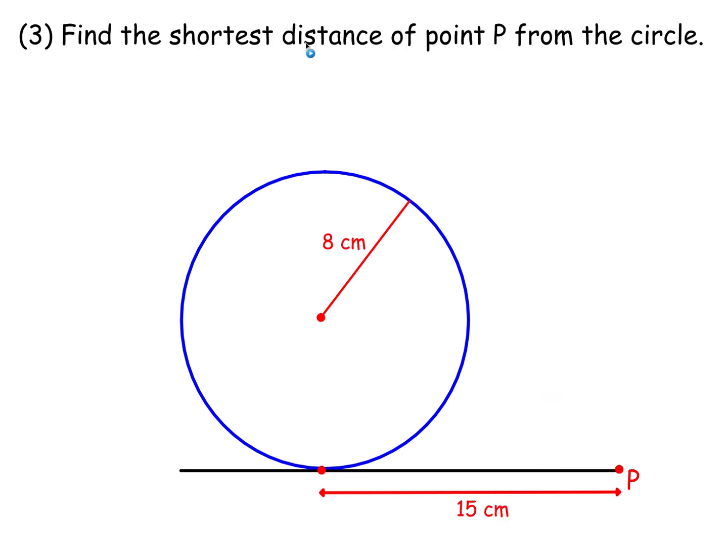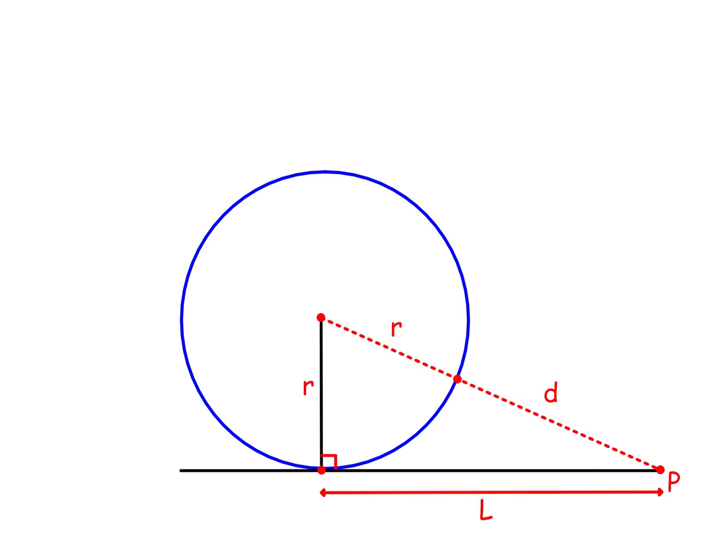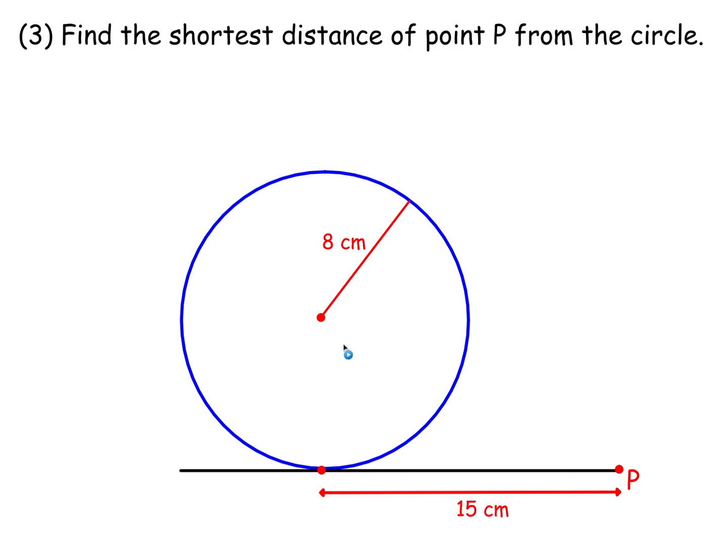Find the shortest distance of point P from the circle. What that means is find D. First you have to get R plus D from Pythagoras' theorem. So what we've got is, that was 15 centimetres.